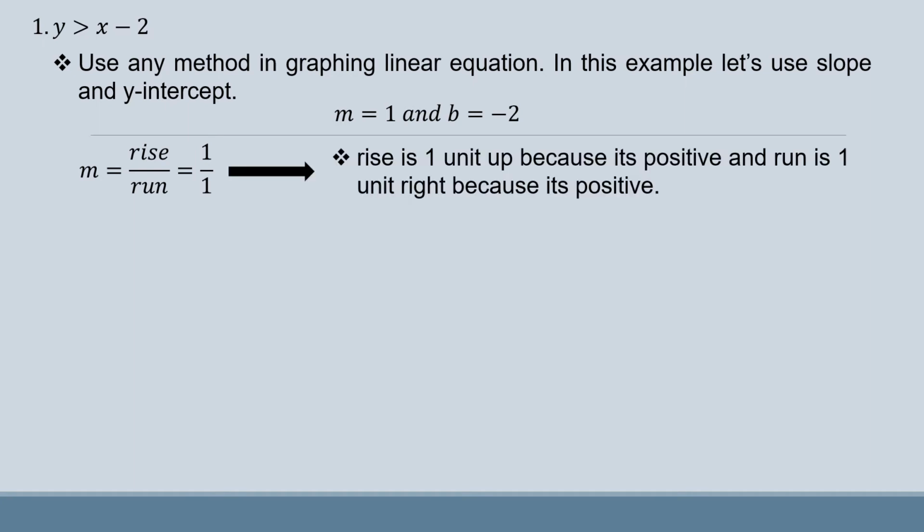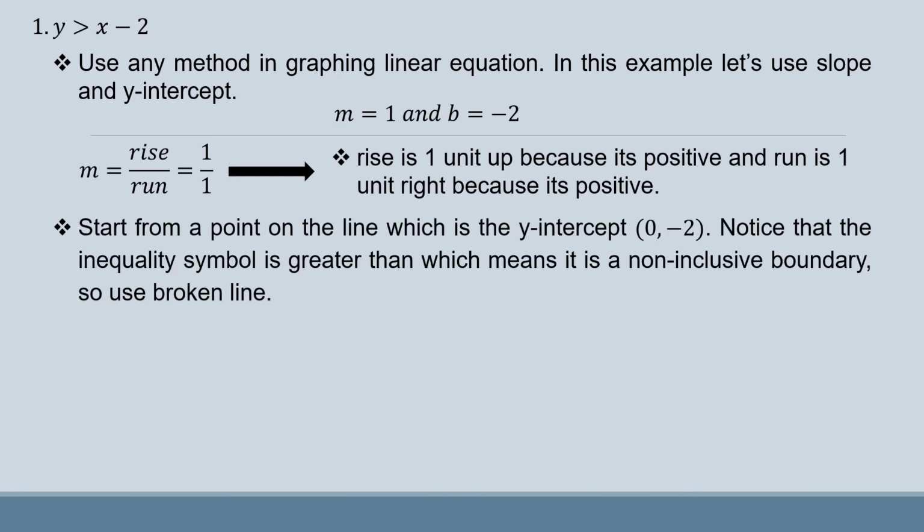Rise is 1 unit up because it's positive and run is 1 unit right because it's positive. Start from a point on the line, which is the y-intercept (0, -2). Notice that the inequality symbol is greater than, which means it is a non-inclusive boundary. So use a broken line.